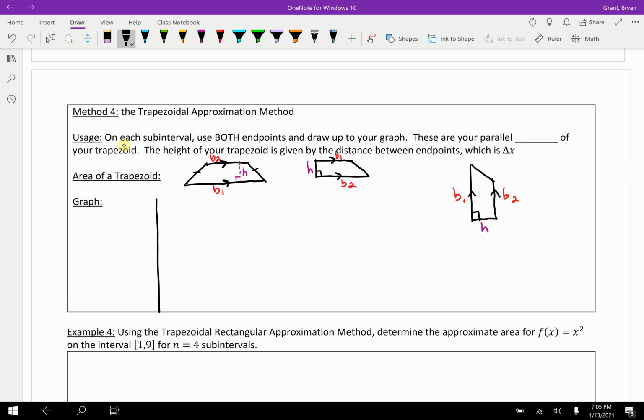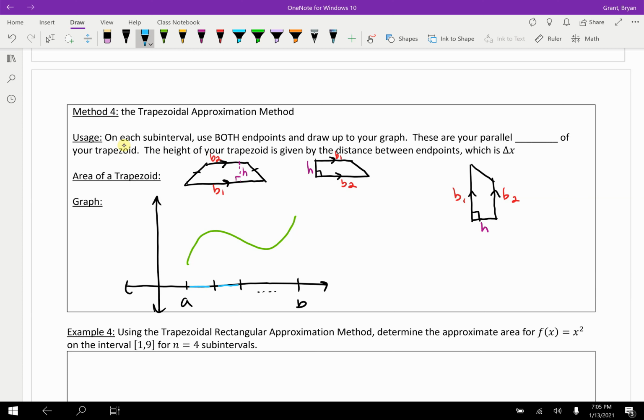Okay, graph-wise, we are again going from A to B, and here is the graph, something like this. And we, of course, have a few subintervals in here. Great. Now, to work this for each subinterval, we need to start at both endpoints.